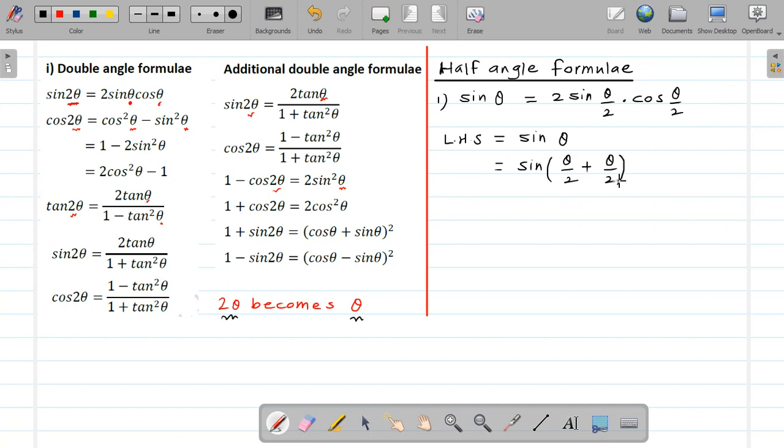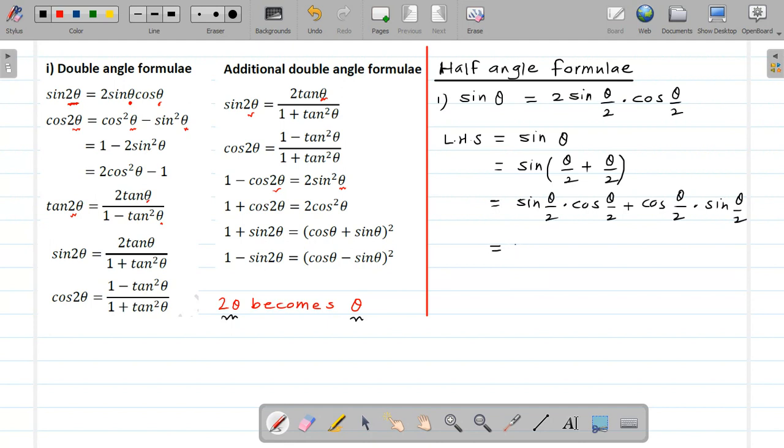Just as in the proof of sin 2 theta, we expressed sin 2 theta as sin of theta plus theta, like that here we can write theta as theta by 2 plus theta by 2, and by the use of the compound angle formula this can be written as sin theta by 2 into cos theta by 2 plus cos theta by 2 into sin theta by 2. If you want the proof separately, then you can write like this: sin (A plus B) means sin A into cos B plus cos A into sin B.